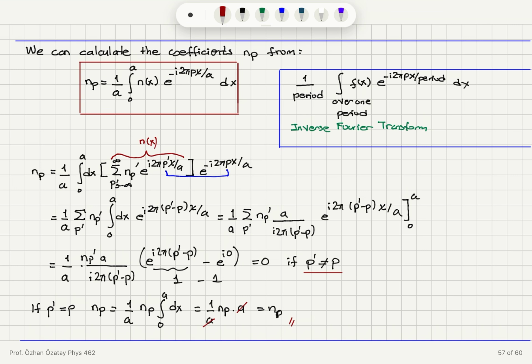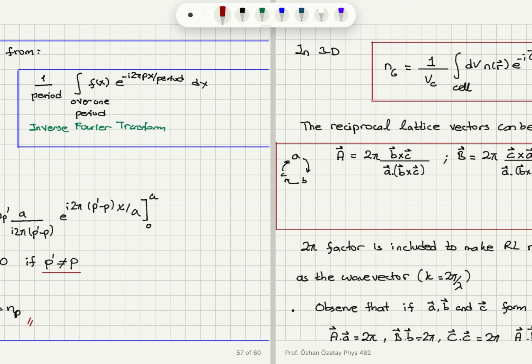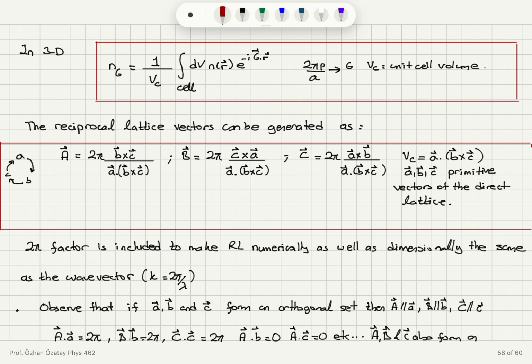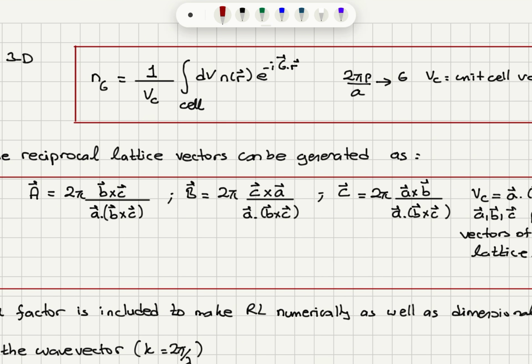So indeed I find that these coefficients are calculated using the inverse Fourier transform of this form. Now, in 3 dimensions, if I generalize this, the period in 1 dimension, a, is replaced by the volume of the unit cell. So it's 1 over the volume of the unit cell, integral over the unit cell volume dV, n of r. It was written as n_G e to the iG dot r, remember?